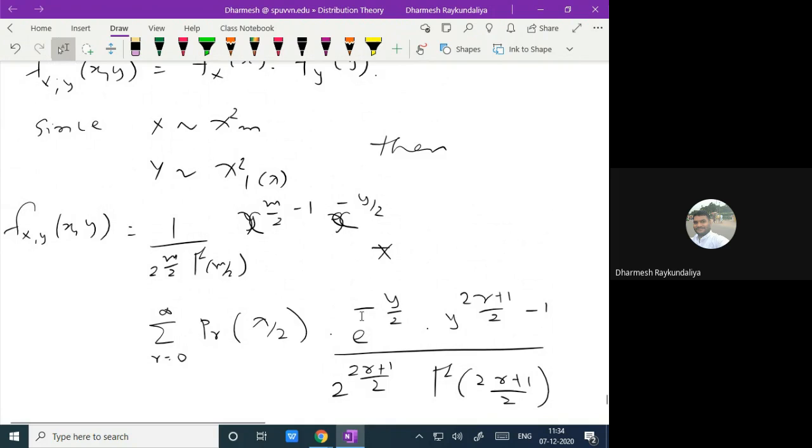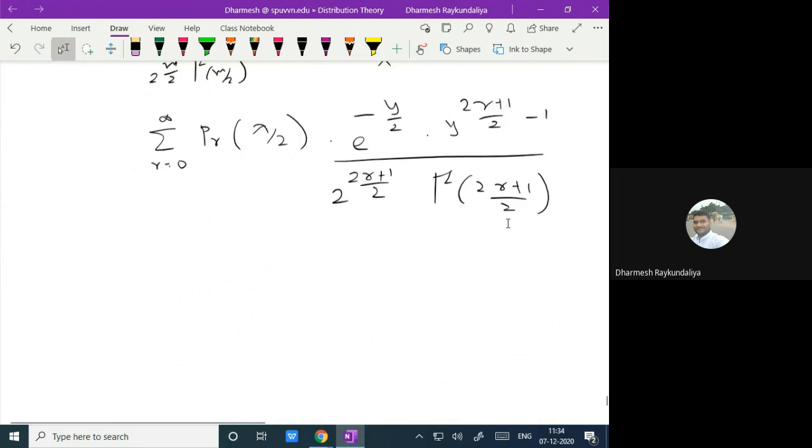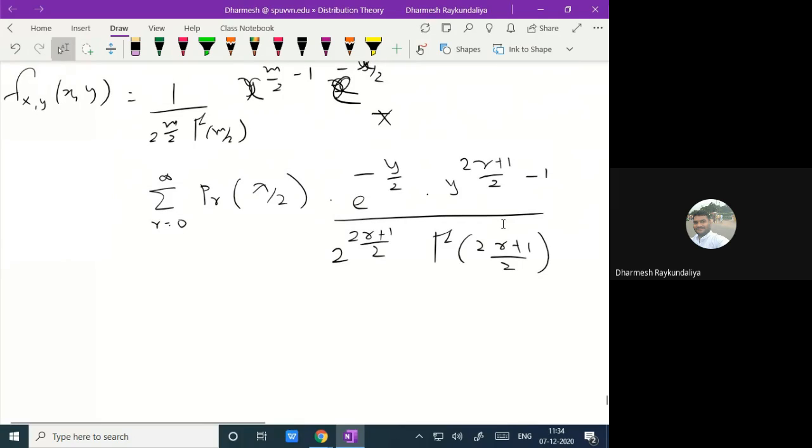For example, e raised to minus x by 2 and e raised to minus y by 2, so it is e raised to minus (x plus y) by 2. So wherever you have an x plus y, just substitute z, and whenever you have x, substitute z minus y, and then integrate over y, you will get the density of x. But here we will use the polar transformation.